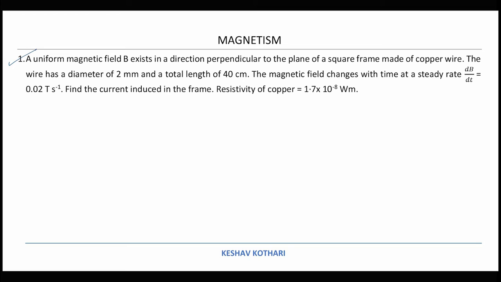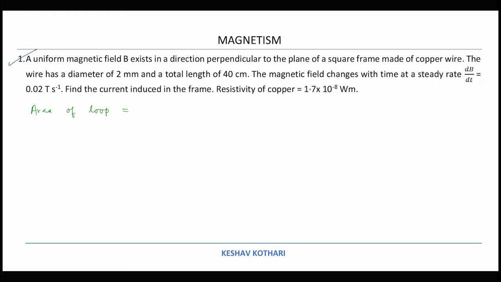Given resistivity of the copper wire is 1.7 into 10 to the power minus 8 ohm meter. So if we consider this particular problem, the first thing that we are calculating is the area of the frame, or the area of the loop. So area of loop can be written in this way.